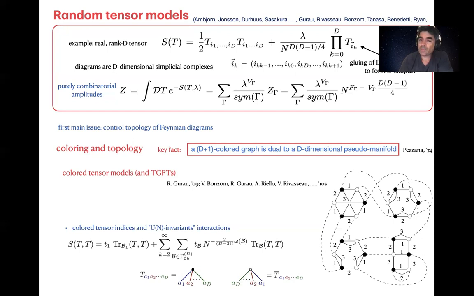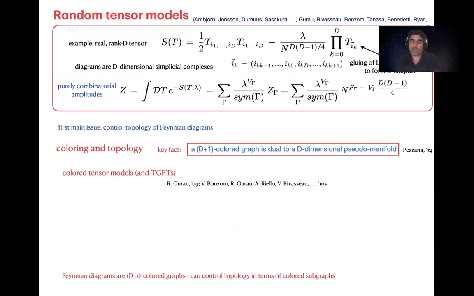Following this pattern of contractions, once more, you have D+1 color graphs. So the general point, whatever strategy one chooses, is that the Feynman diagrams of such colored tensor models and tensorial group field theories are D+1 color graphs, and one can control the topology in terms of the colored subgraphs.